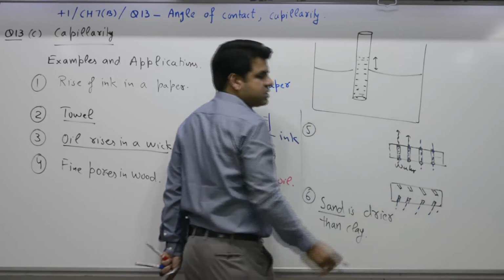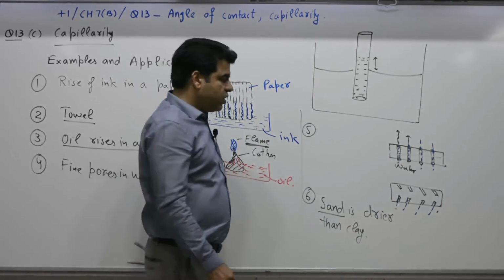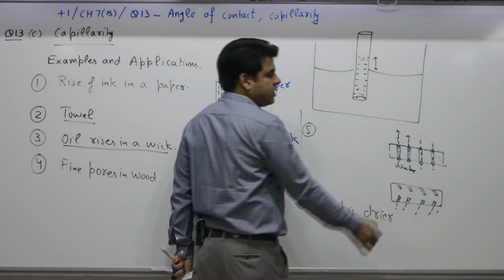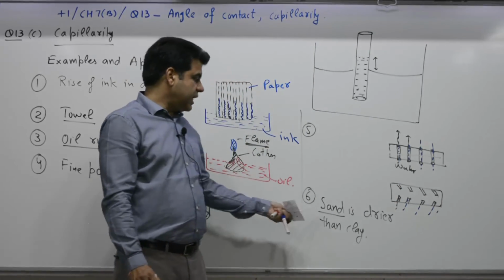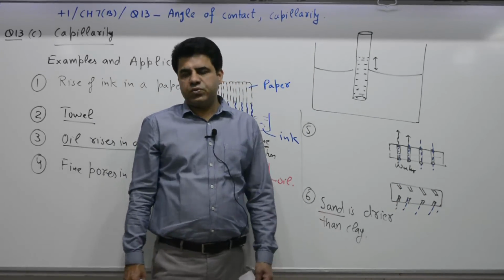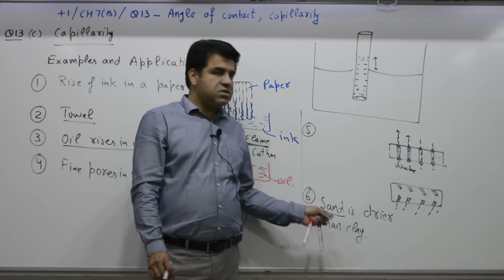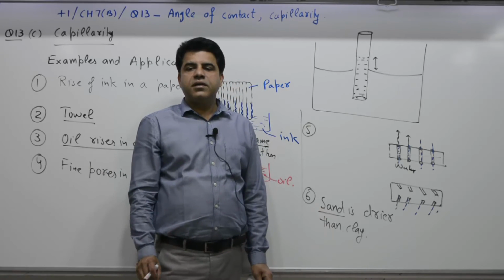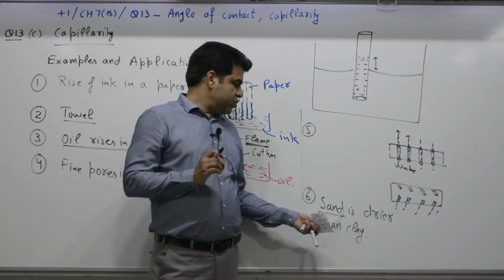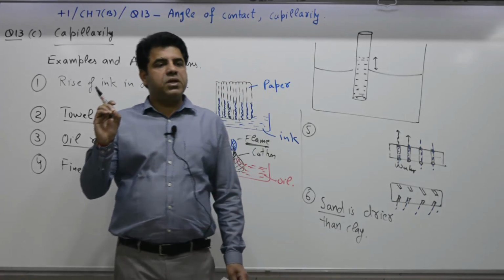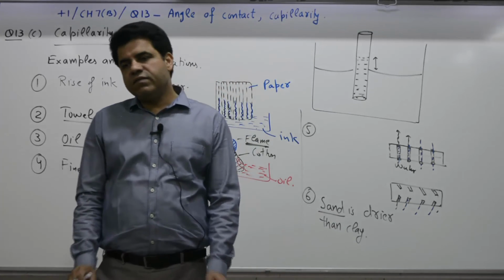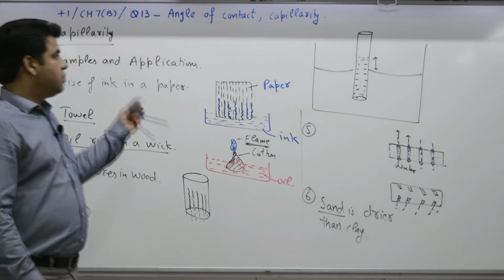So when you break these capillaries, now there is no rise of liquid and there is no loss of liquid. Sand and clay, comparison of the two. Sand is drier. Why? Because you don't have fine capillaries in sand. Time well spent, 5 minutes to pen down all this.